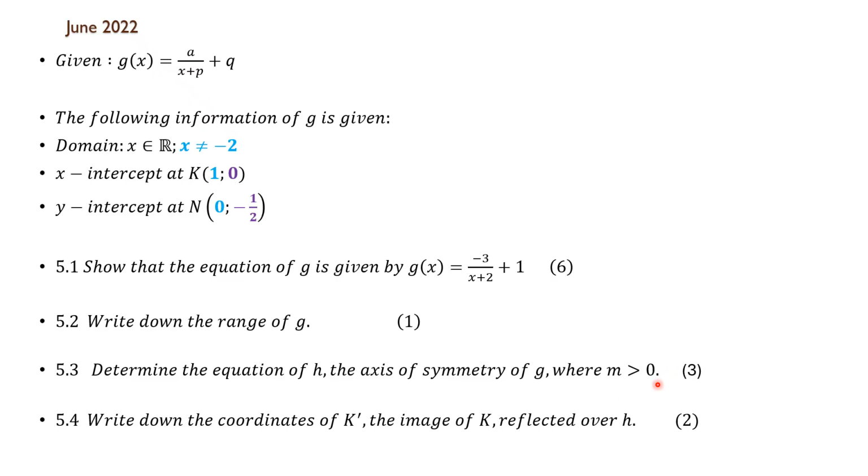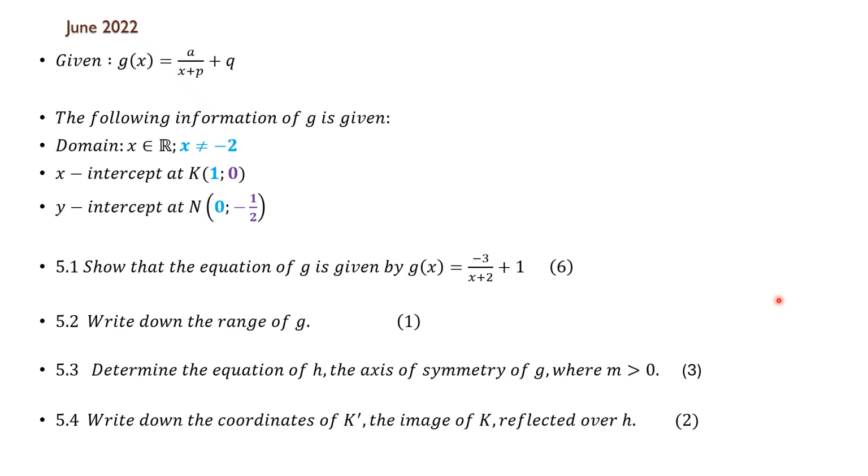Remember, when something is greater than 0, it's a positive gradient. 5.4: Write down the coordinates of the image of K reflected over h, for 2 marks.